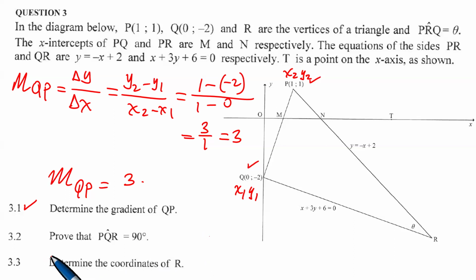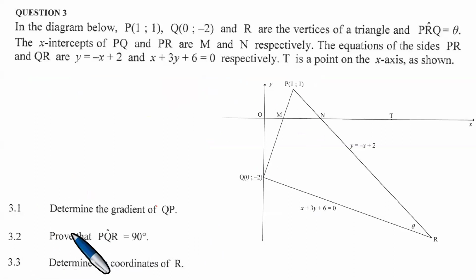Now, we want to prove that the angle PQR equals 90 degrees. So we want to show that this angle here in 3.2, PQR, equals 90 degrees. How do we show that that angle equals 90 degrees? There are a couple of ways to do this, but we already know something.